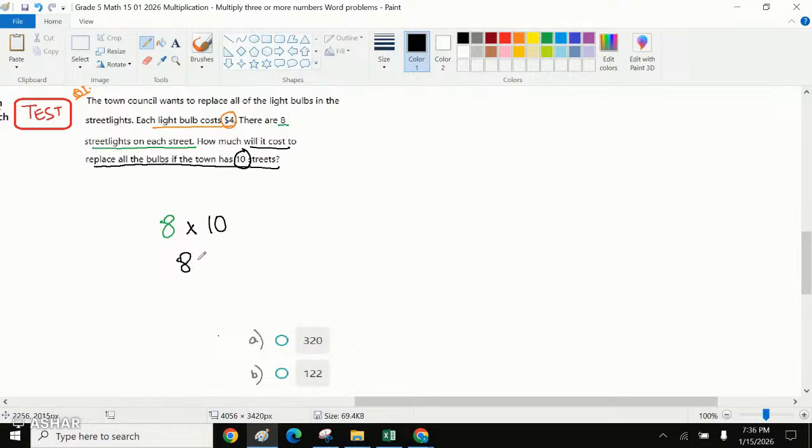That would mean 80 bulbs altogether. And one bulb costs $4. Yes, thank you. Option A was the correct answer. Let's look at another question.